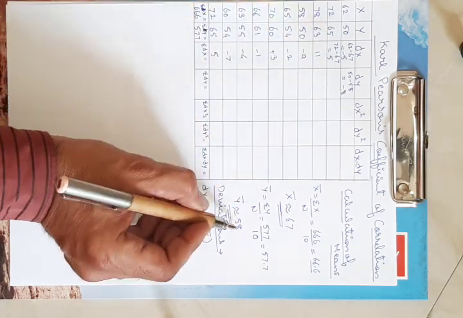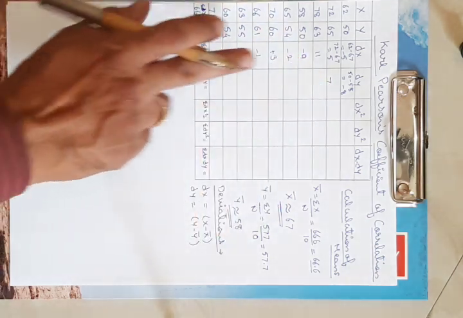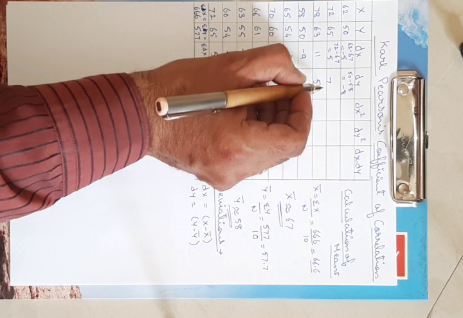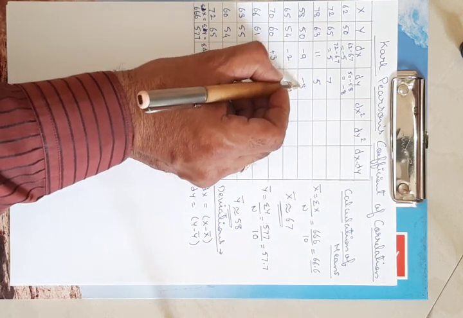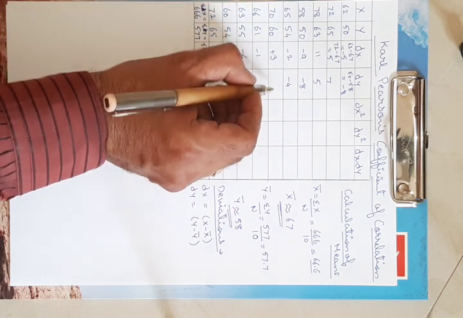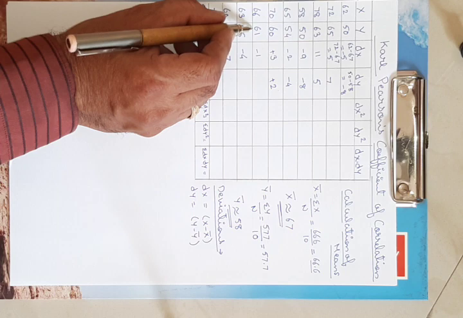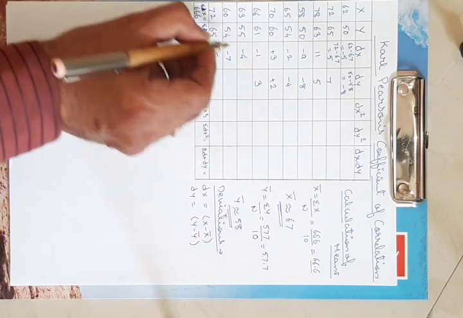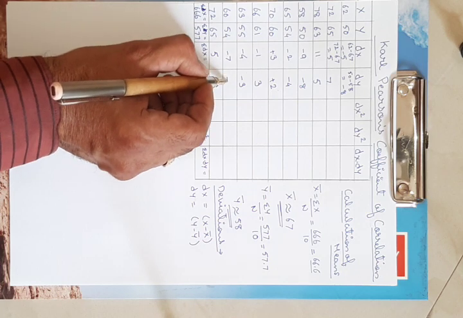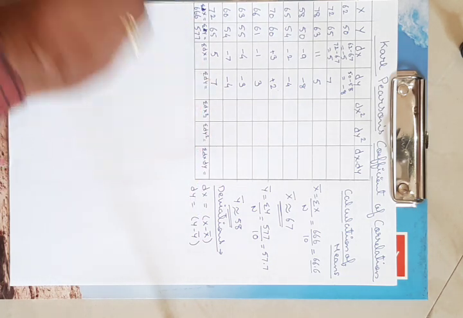Similarly, 65 minus 58 is 7. 63 minus 58 is 5. 50 minus 58 is minus 8. 54 minus 58 is minus 4. 60 minus 58 is plus 2. 61 minus 58 is plus 3. 55 minus 58 is minus 3. 54 minus 58 is minus 4. And finally 65 minus 58 comes out to be 7.